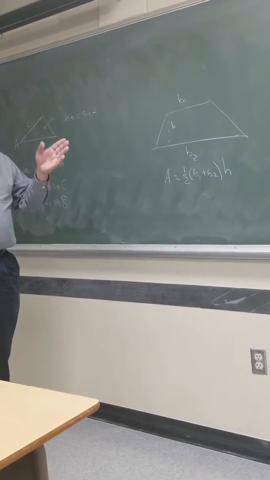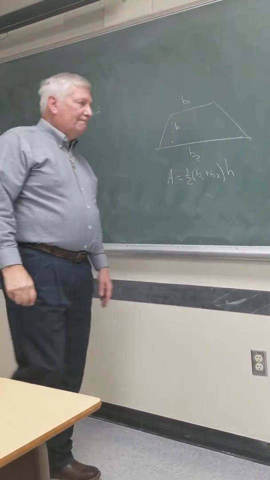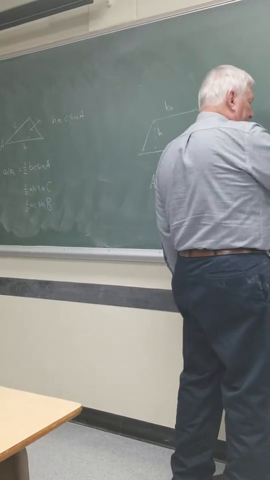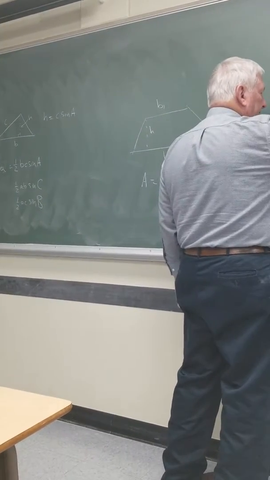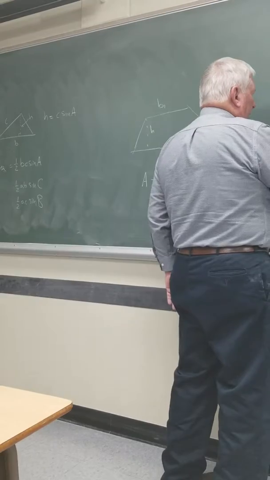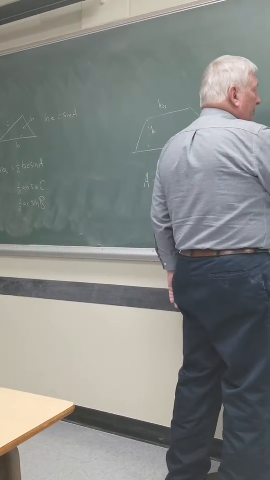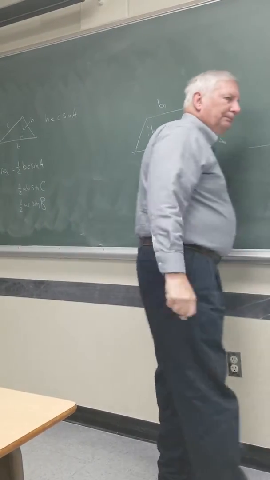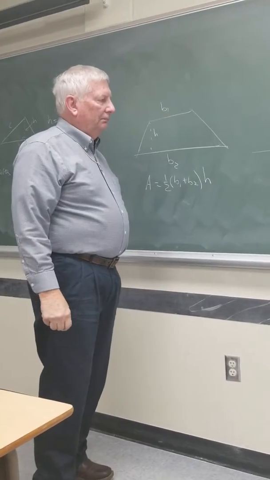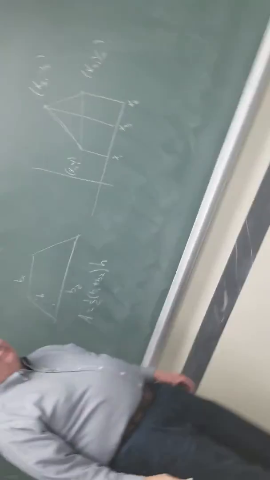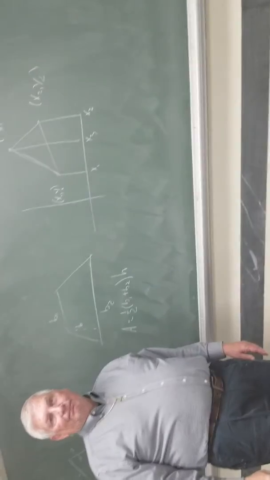Well, if I drop perpendiculars from each of the vertices, this is X1, this is X3, this is X2. Then I have three trapezoids.